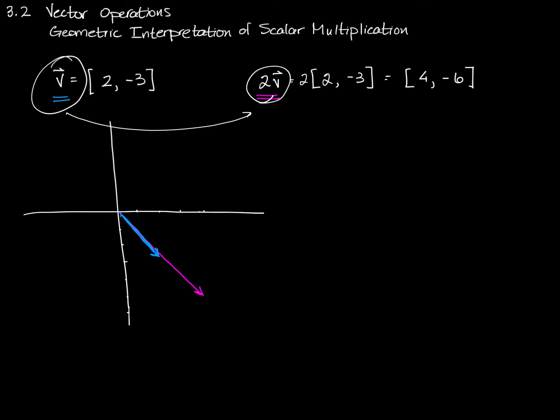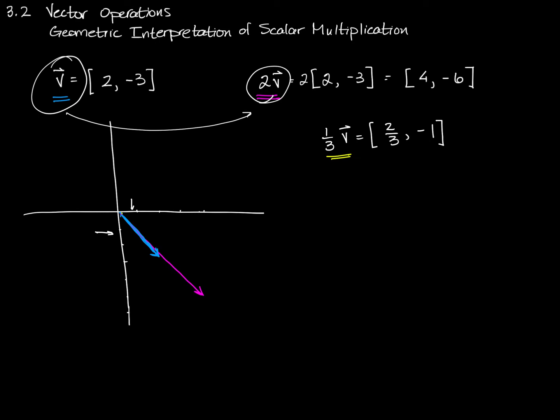Let's do another one. I'll still use v. Let's go with 1/3 v. Algebraically, that's going to look like 1/3 of 2 and 1/3 of -3. And I'll do that one in yellow. Let's see, 2/3 is going to be about here, and -1 is here.